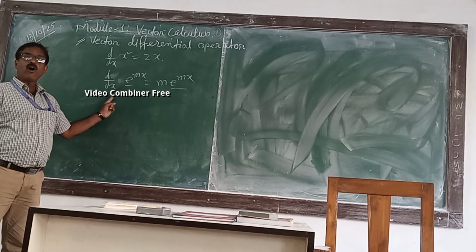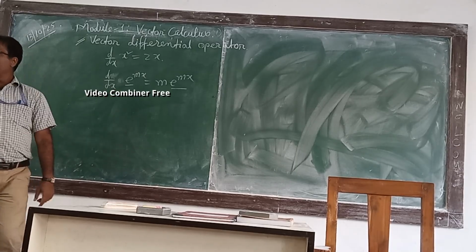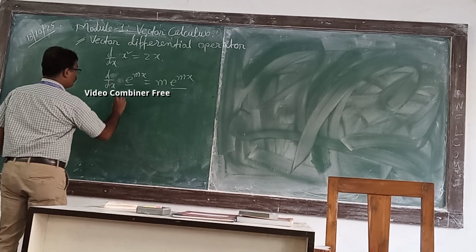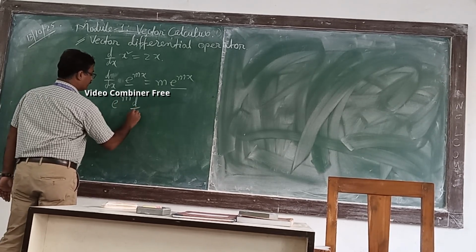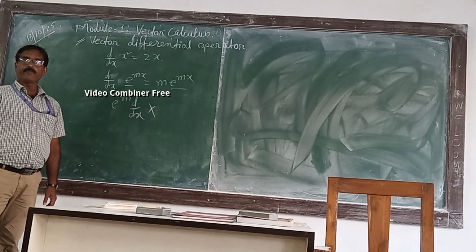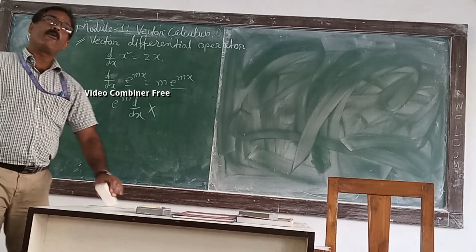So d/dx is an operator which can operate on something. You must remember the operator is always on the left side of the function. There is no meaning in writing e to the power mx d/dx. You cannot operate in this way. The function is always on the right side of the operator.